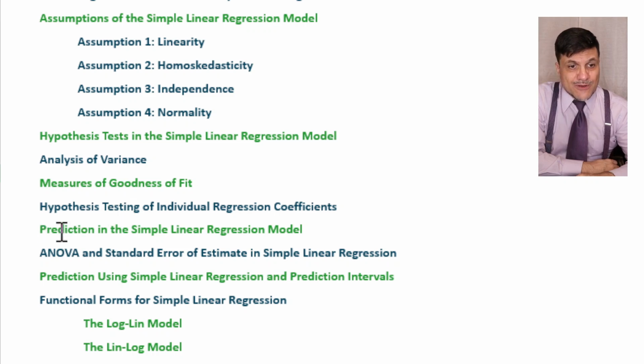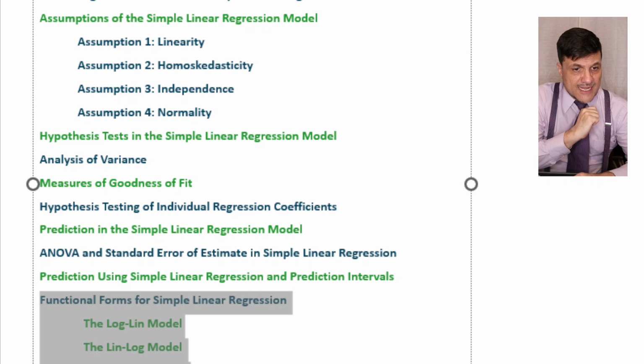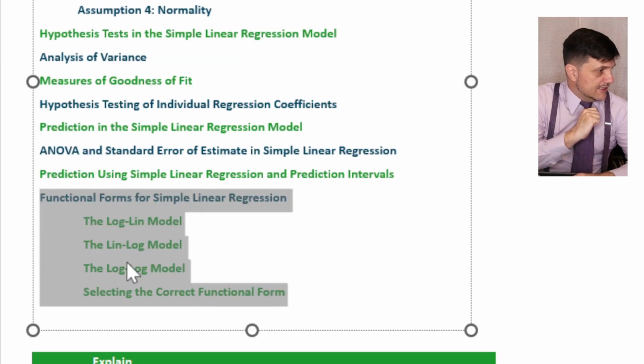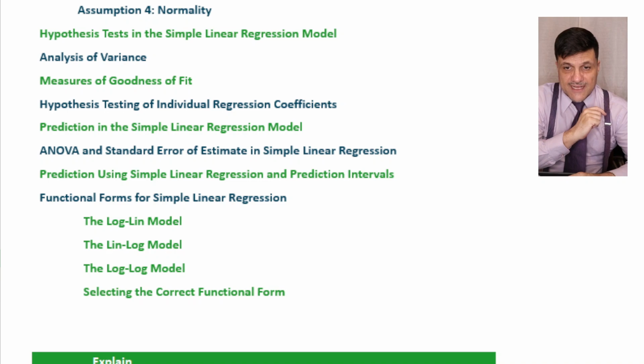Prediction in the simple regression is just replacing the independent variable and finding the dependent variable. Be careful with log models. And the types of models: the log-lin, the lin-log, log-log, etc.